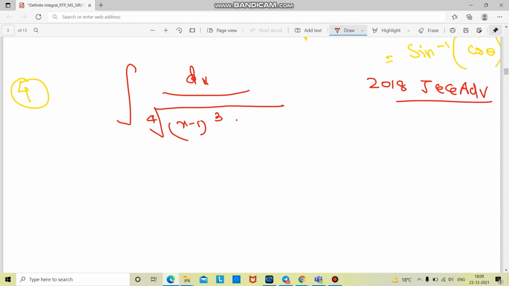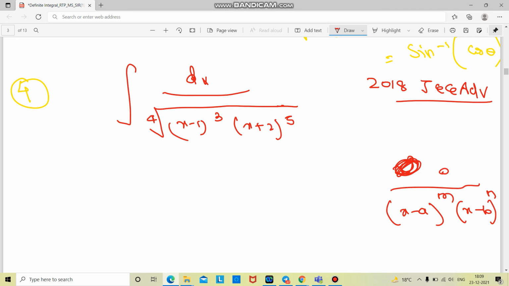The integral of fourth root of ((x minus 1) whole cube times (x plus 2) whole to the power 5). Now in this type of question, we see that we have (x minus a) to the power m, (x minus b) to the power n by dx, nothing like this is there, and m plus n is 2.